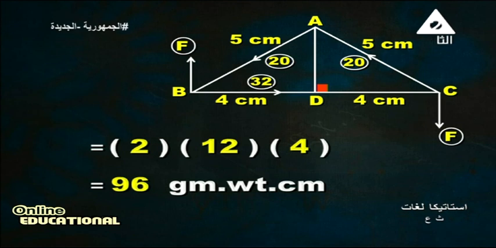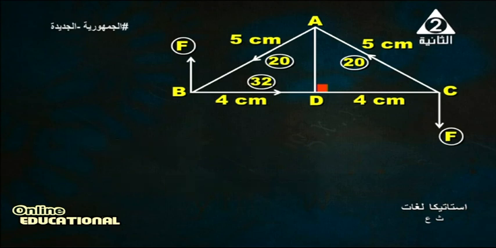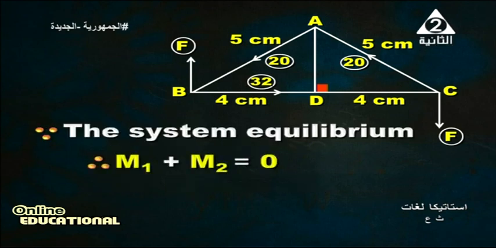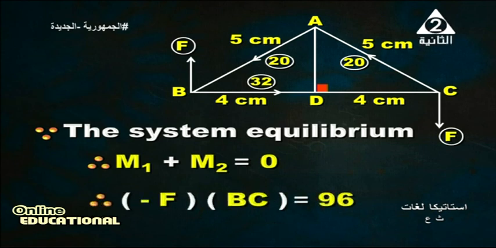How do we find the value of the force F? We know that we have a couple with moment 96. The two forces F and F act at B and C, and the distance between them is 8 centimeters. Therefore, F times 8 equals 96. The system is in equilibrium, so the summation M1 plus M2 must equal 0.